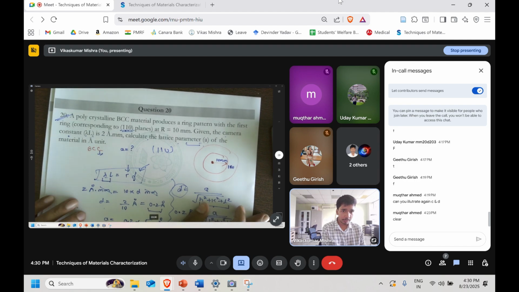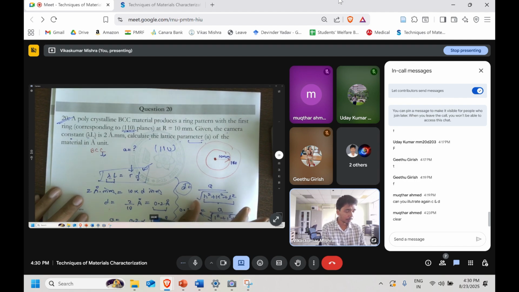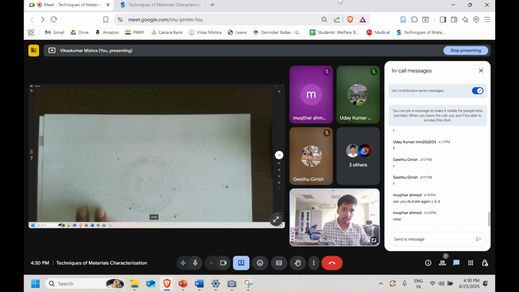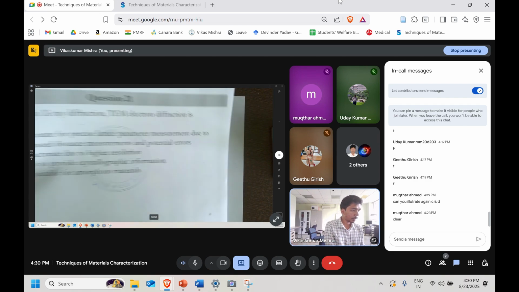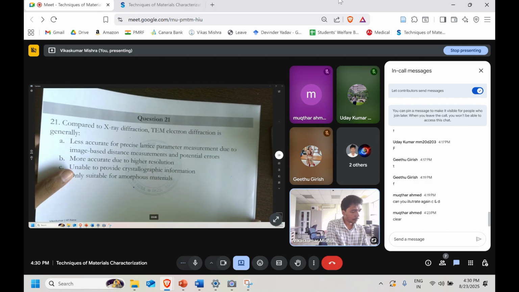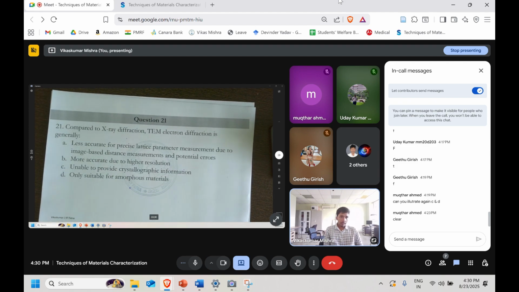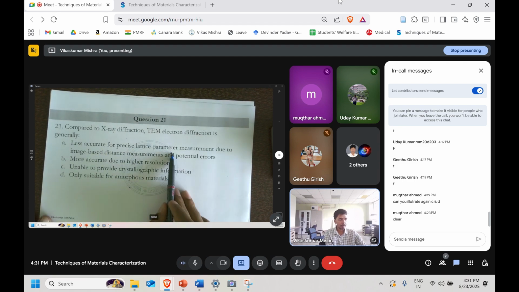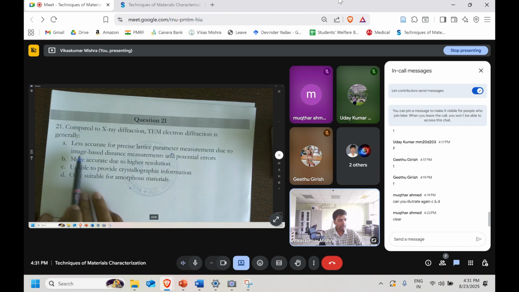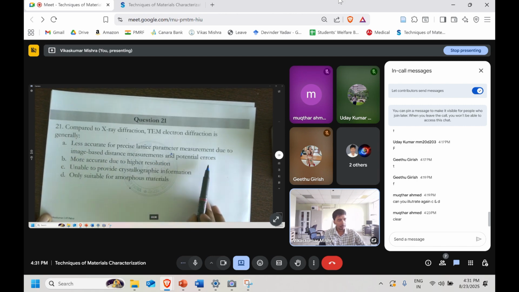If any doubt in this particular question, let me know. If not, let's move to the next question, the last question, question number 21. The last one is telling that compared to X-ray diffraction, TEM electron diffraction is generally less accurate for precise lattice parameter measurement due to image-based distance measurement and potential error.